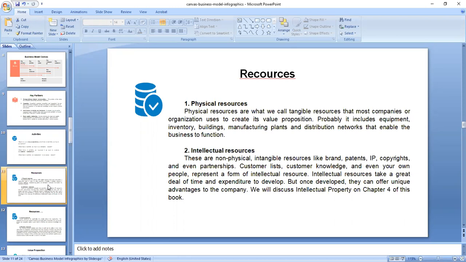Intellectual resources, something to do, of course, with how smart, how genius the people are who work in the companies that need them. So these are the non-physical, intangible resources like brand. The brand itself speaks for itself, like BMW speaks for itself. You don't need to market BMW.